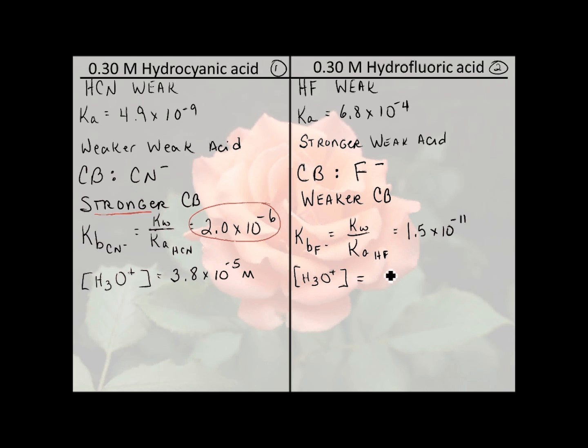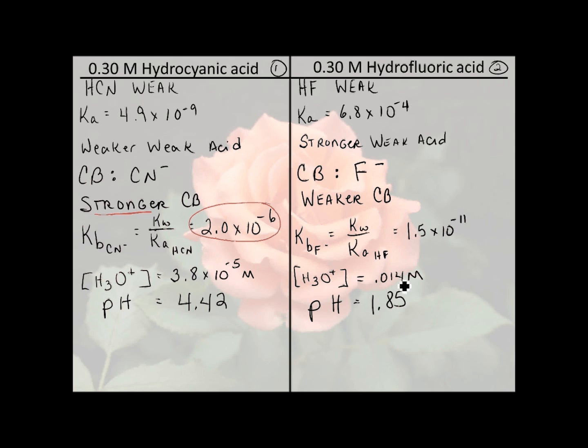For the hydrofluoric acid, it's going to be 0.014 molar. Now calculate the pHs. The pH of the hydrocyanic acid, which is the negative log of 3.8 times 10 to the negative 5, is going to be 4.42. Since my concentration has two sig figs, my pH ends 2 digits to the right. The pH of the hydrofluoric acid is going to be 1.85.